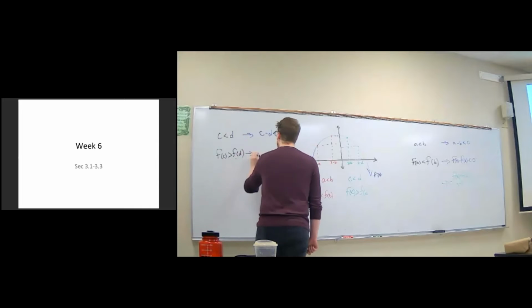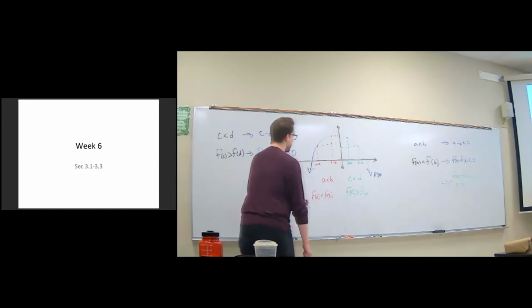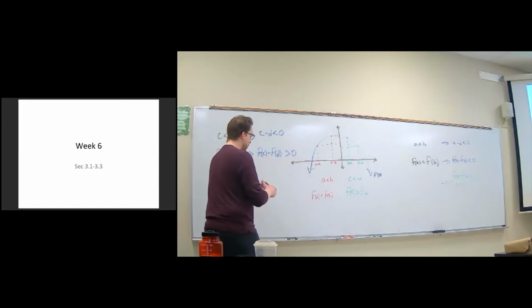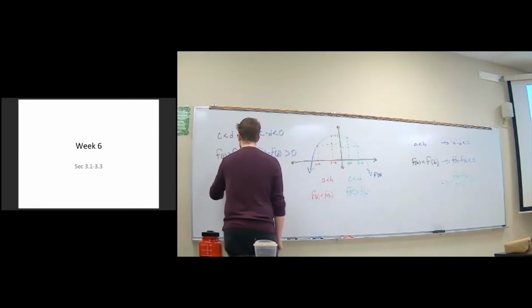But f of c minus f of d, well, that's going to be greater than 0. So the slope of the secant line that goes through these 2 points, it's going to be negative.